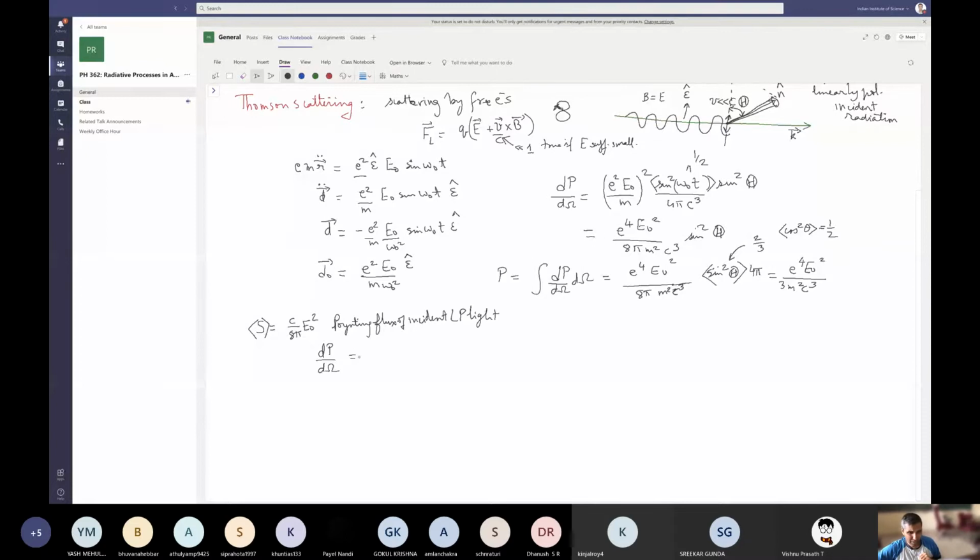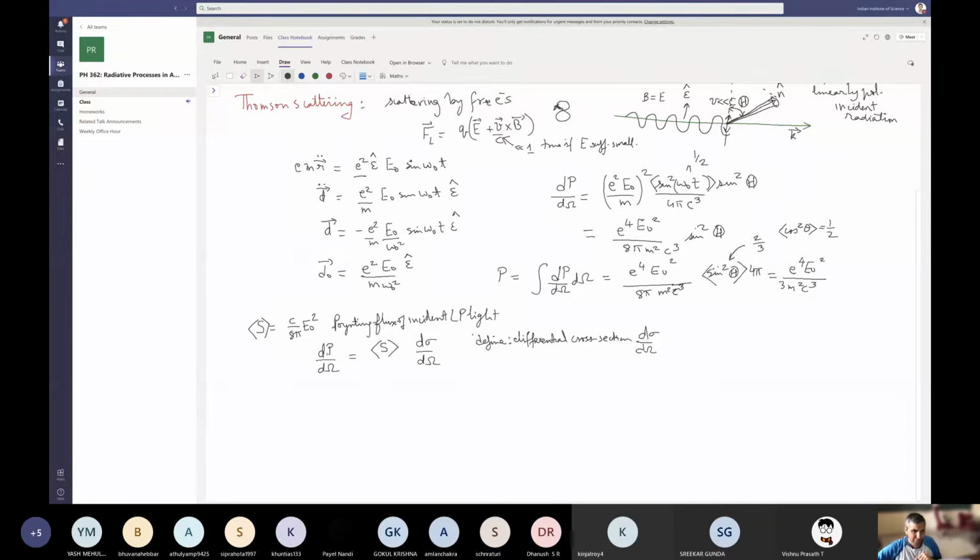This is equal to S, the average incident power, times d sigma d omega. So this is how you define this quantity called the differential cross section, d sigma d omega.